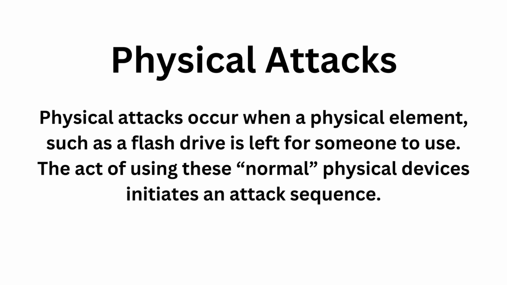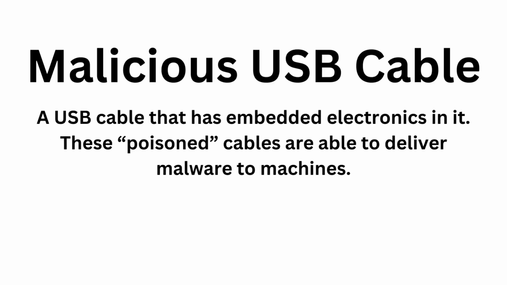Physical attacks. Physical attacks occur when a physical element, such as a flash drive, is left for someone to use. The act of using these normal physical devices initiates an attack sequence. Malicious USB cable. A USB cable that has embedded electronics in it.